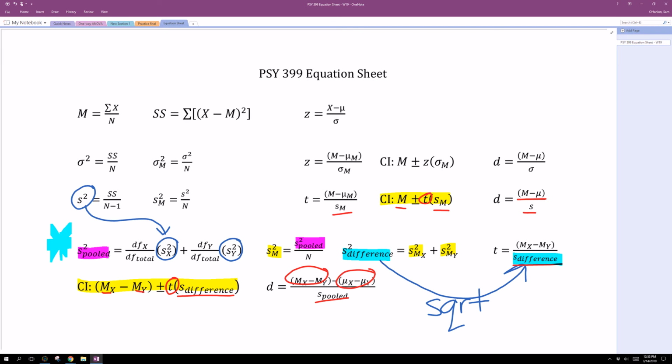Not the standard deviation of the distribution of means. So over in this one, since we have two sets of scores, again we're taking the difference, and then like over here we use the regular standard deviation. S pooled takes the place of the regular standard deviation.